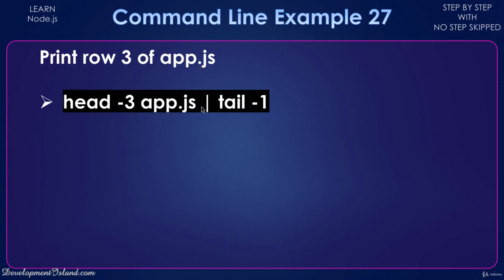So first we're going to print the first 3 lines. And then out of those 3 lines, we're going to print the last line. So head -3 prints the first 3 lines of our file. And then tail -1 will print the last line of those 3 lines. And that will give us the row 3. So let's try this.